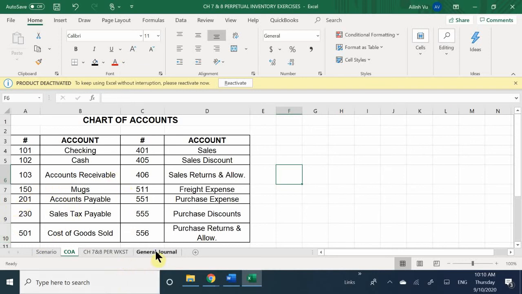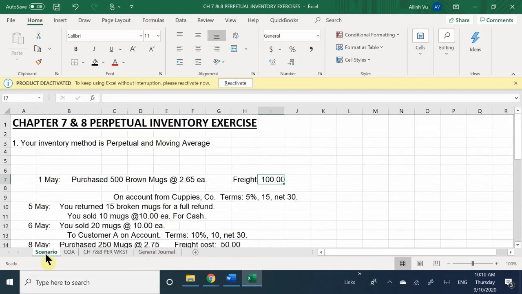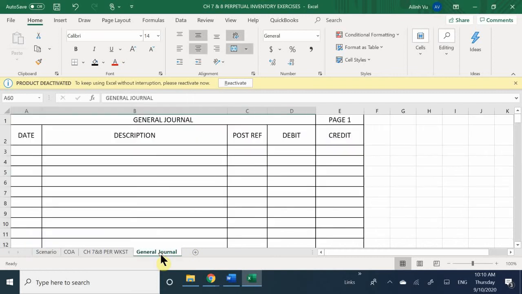Good. So now we can go to our journal. Oh, you needed the scenario? So the terms are 5%, 15, net 30. Now we can go to our journal and journalize this transaction.